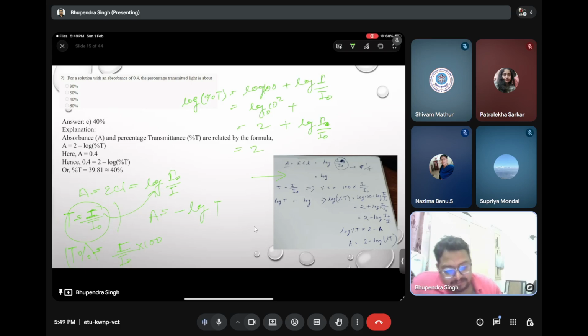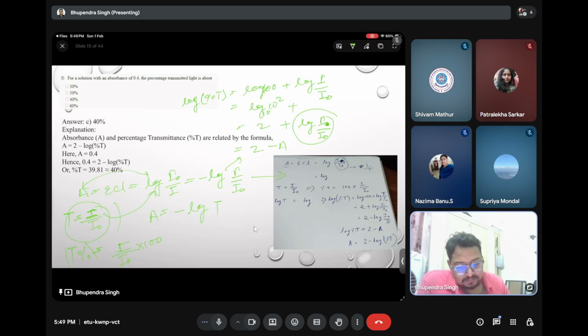This log I by I0 is minus of A, since absorbance can also be written as minus log of I by I0. So if you substitute here, it is only minus A. So the formula becomes log percentage of T equal to 2 minus A.